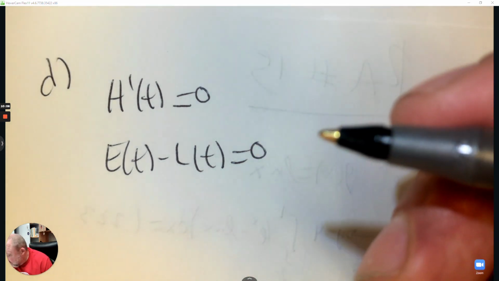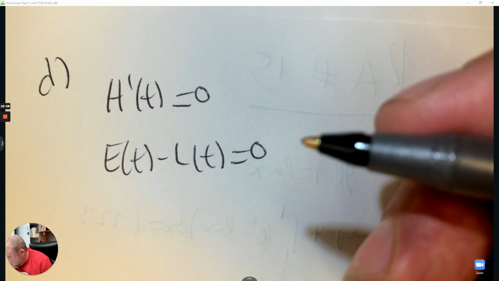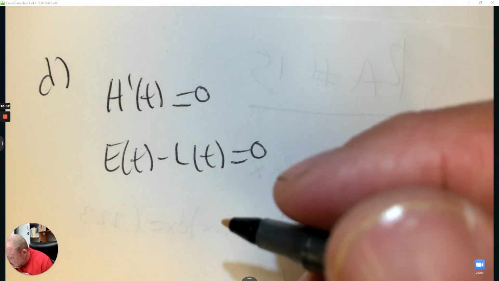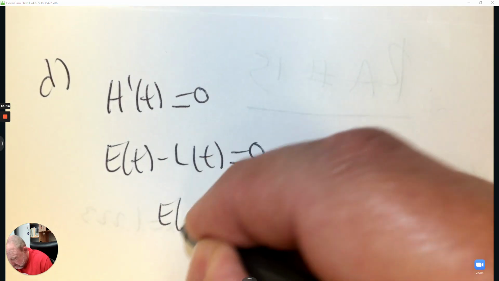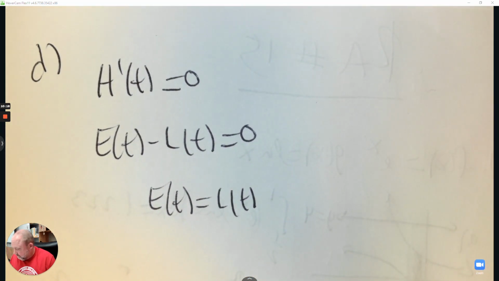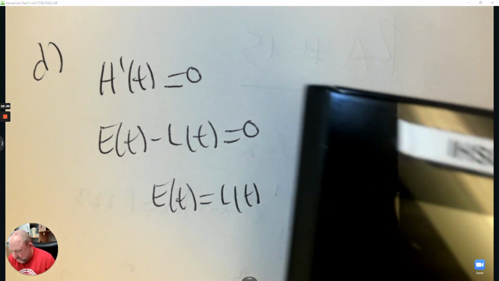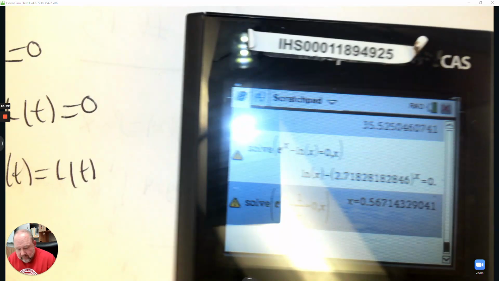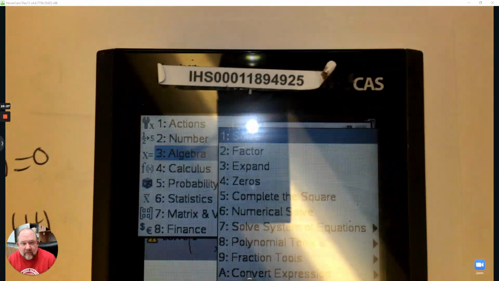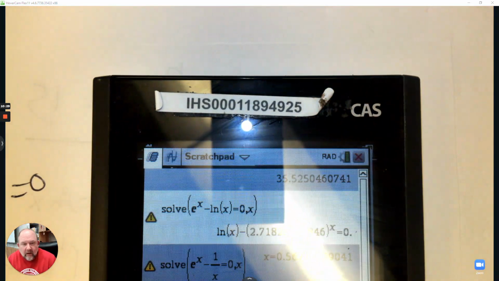We're going to take our calculator and solve it. When are they equal to each other, ultimately? And then solve it. So what do I mean there? Go menu, algebra, solve.